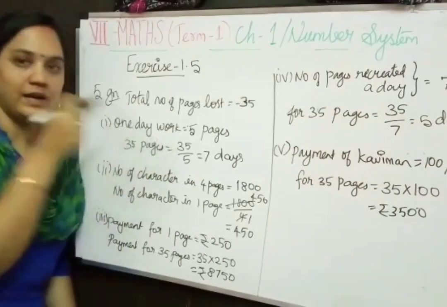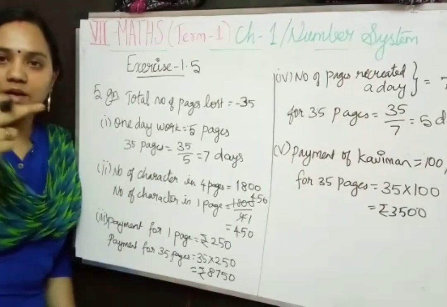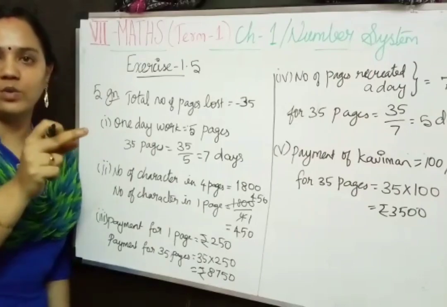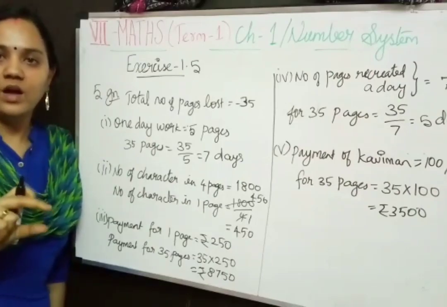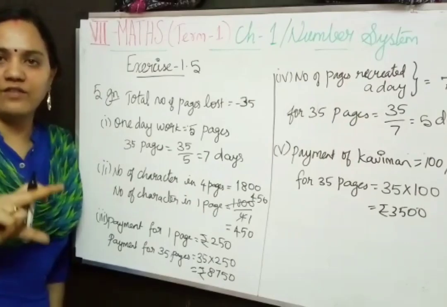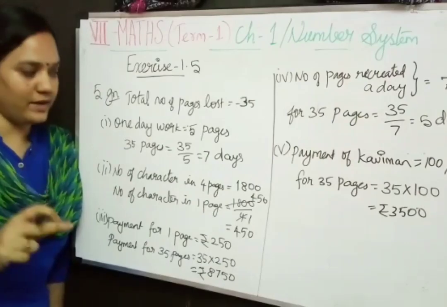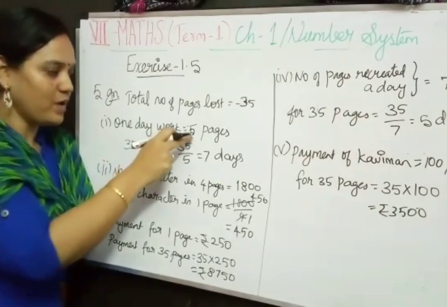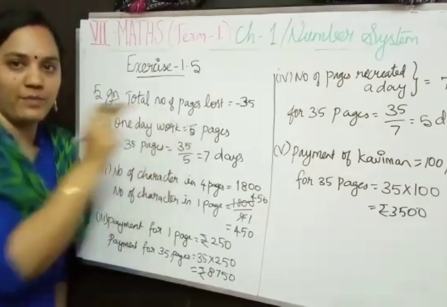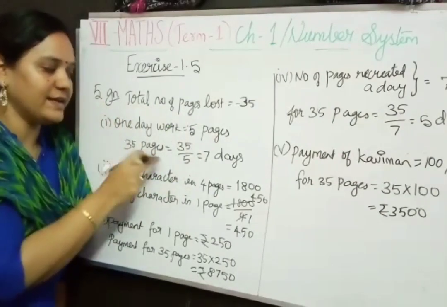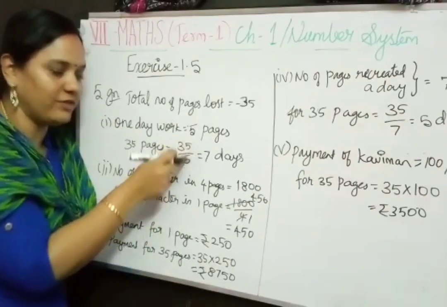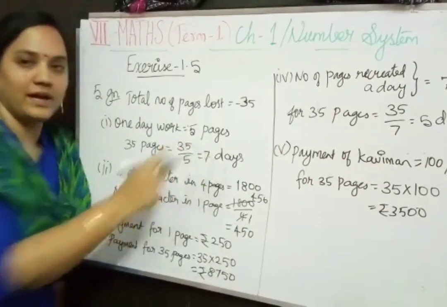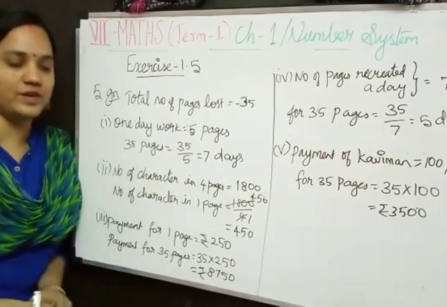Okay, we have already done one problem, where 110 feet of depth had to be reached. They gave the one day's work, how much was dug in one day, and asked how many days it would take for 110 feet. Likewise, it is the same here. That is, 1 day's work is 5 pages. So in how many days would he have finished 35 pages? So we are dividing 35 by 5. So we get the answer as 7 days. That is the answer for the first option.